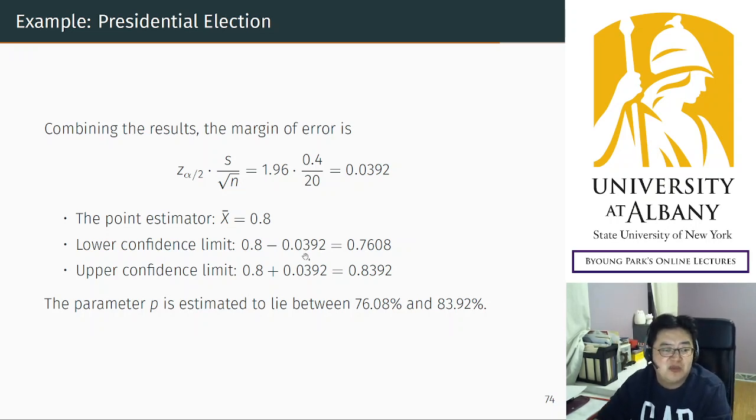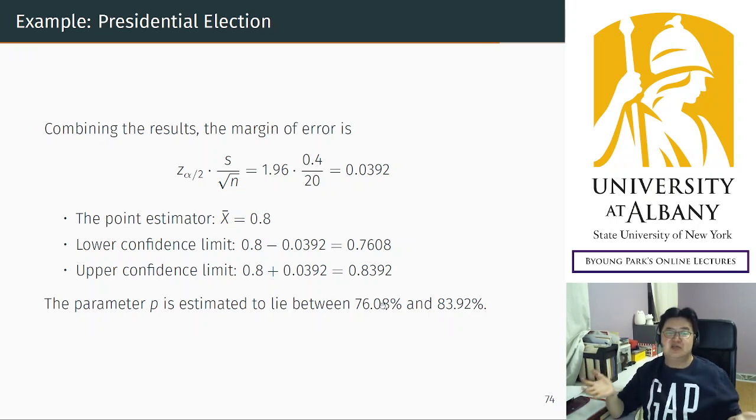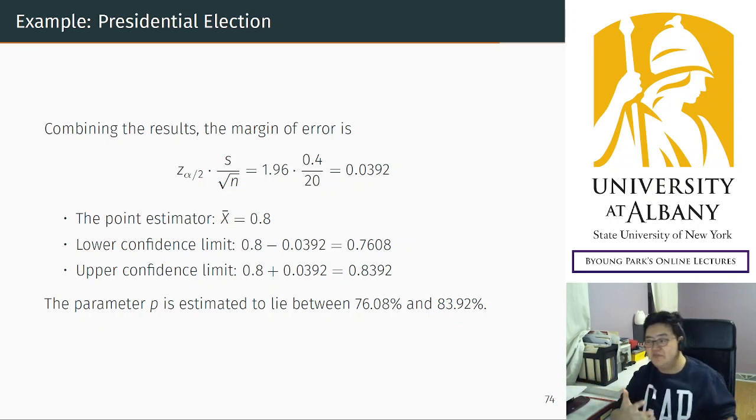So the parameter p, the probability of supporting the candidate, is estimated to be somewhere between approximately 76% up to 83%, 84% approximately. So this is how we apply the same theory to presidential election prediction, right?